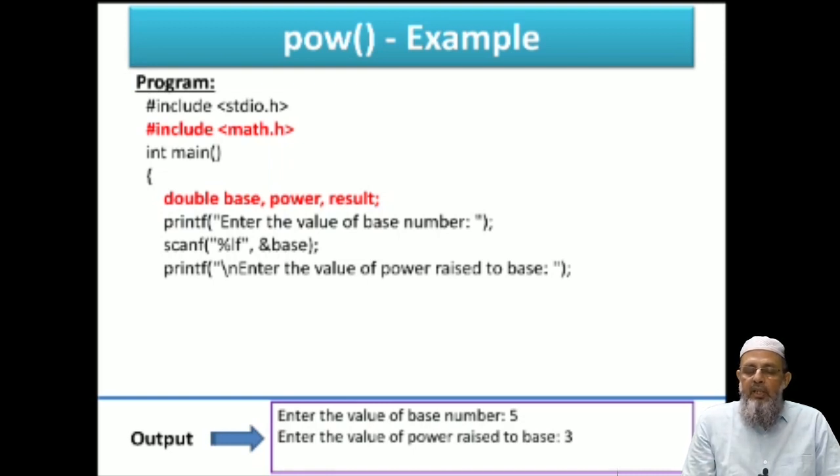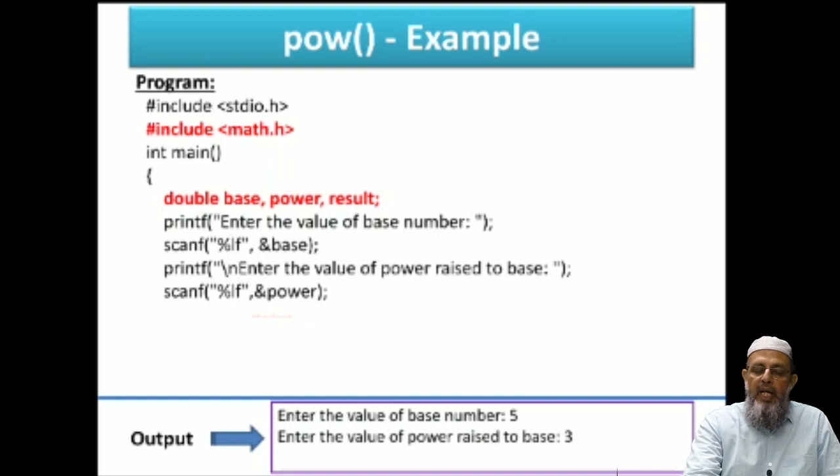So we have entered 3. Now the next scanf statement will read it and store it in the power variable, at the address of power. Now our actual computation is done here.